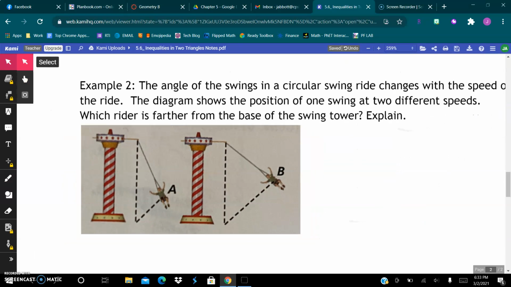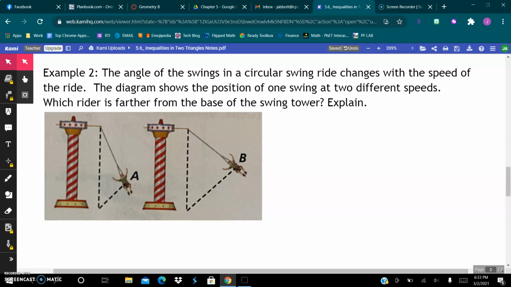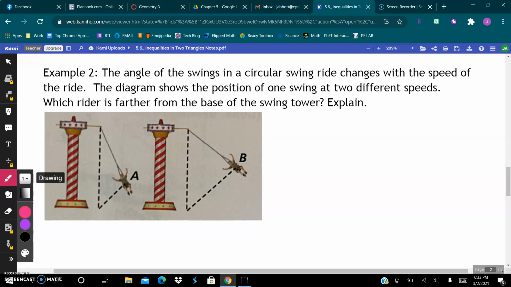All right, last example. It says the angle of the swings in a circular swing ride changes with the speed of the ride. The diagram shows the position of one swing at 2 different speeds. Which rider is farther from the base of the swing tower? And explain. So we're talking about this length right here. Which one is longer?